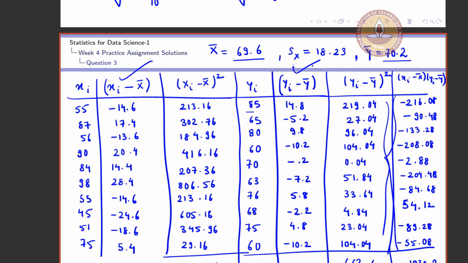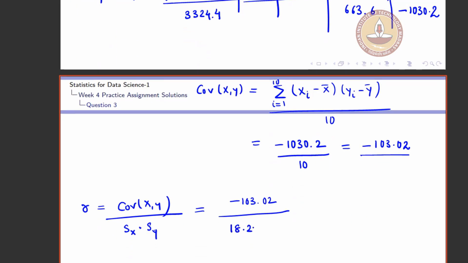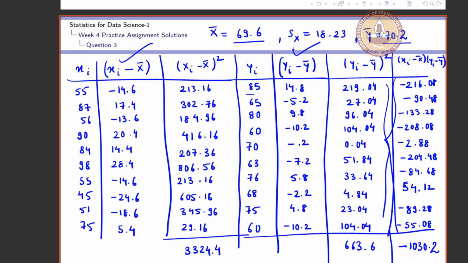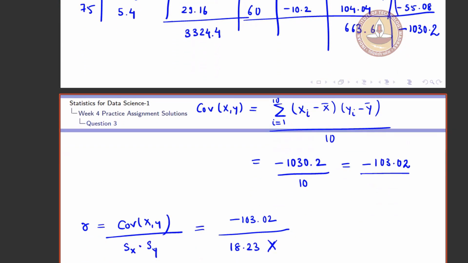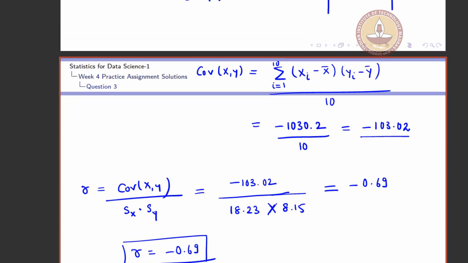This is 18.23. And what is the standard deviation of the mathematics exam score? This is 8.15. After calculation, you will get minus 0.69. So your R is minus 0.69.